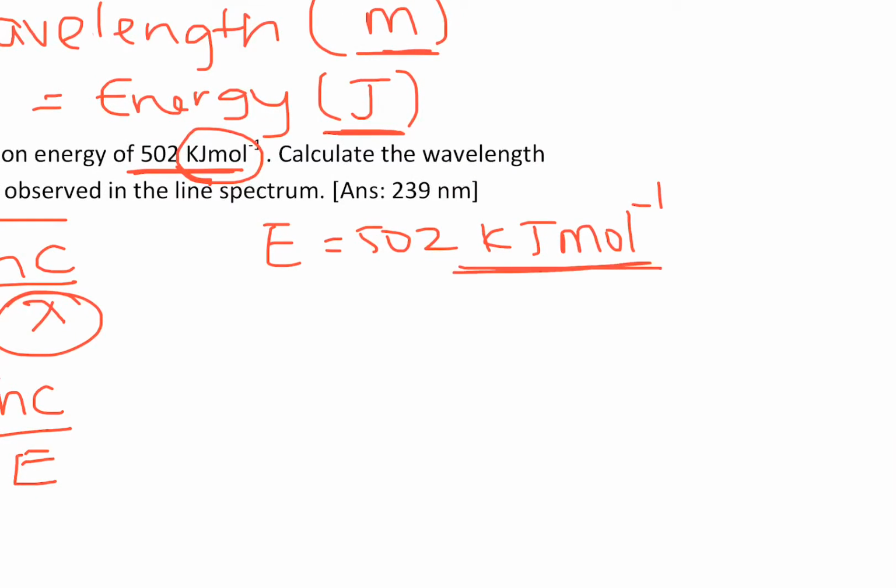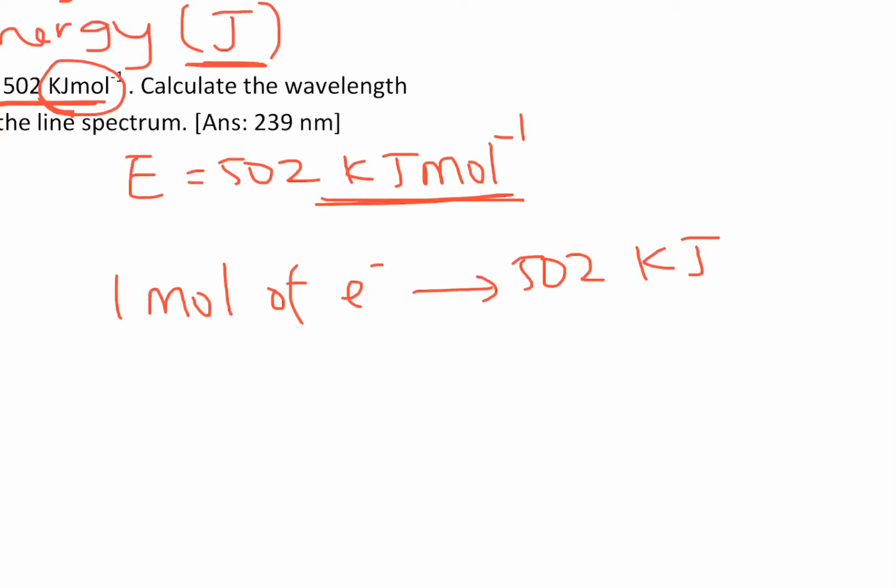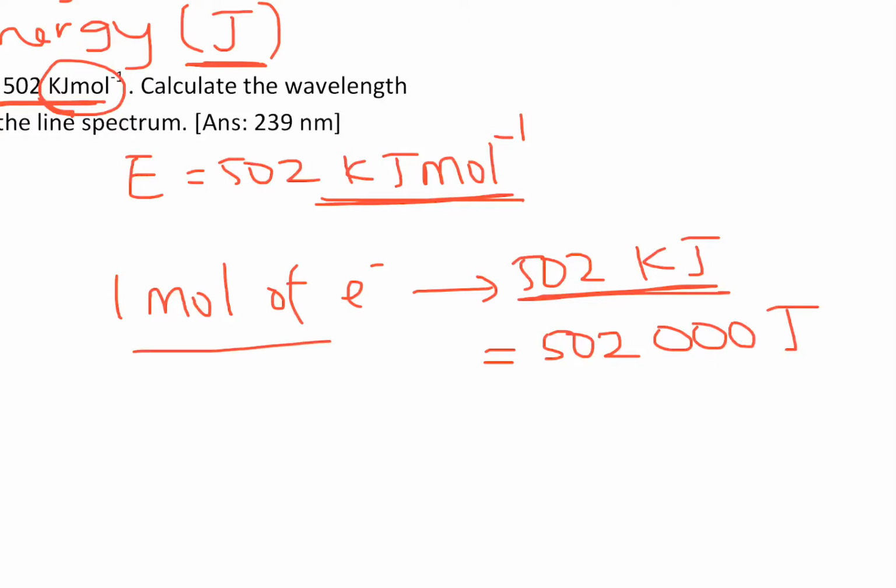What does kilojoules per mole mean? It means that 1 mole of electrons requires 502 kilojoules of energy to be removed from that atom, from that element actually. So for 1 mole of electrons, we can convert that to joules. That's one step. We have to get rid of that mole.